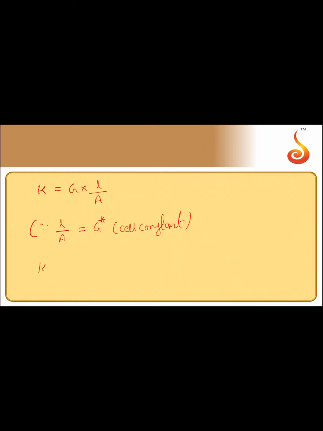So K is equal to G into G star, where G star is the cell constant. That is one of the important equations. We'll see the units one by one.